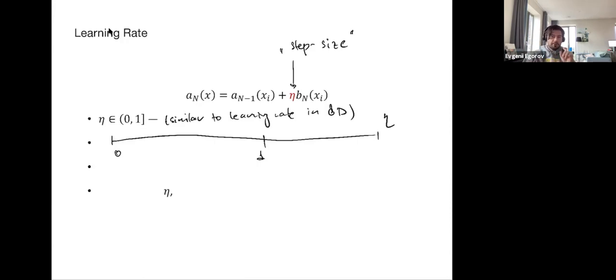So it's better to make small step sizes. Because of this, we concentrate our attention here. And the usual observation is that if you take a smaller step size, you will need a bigger number of ensemble members.